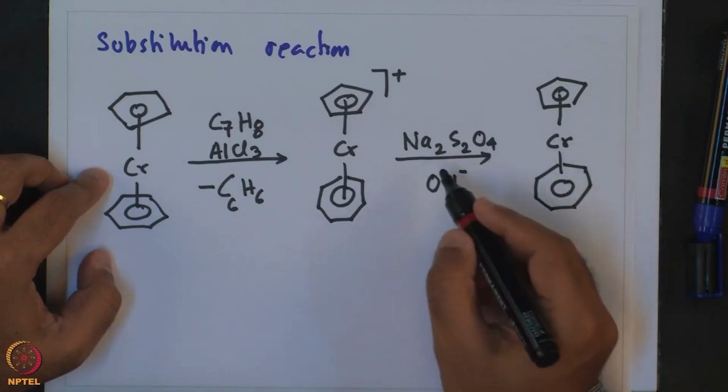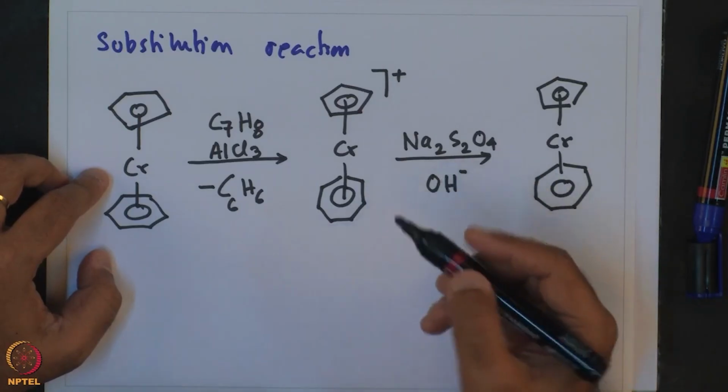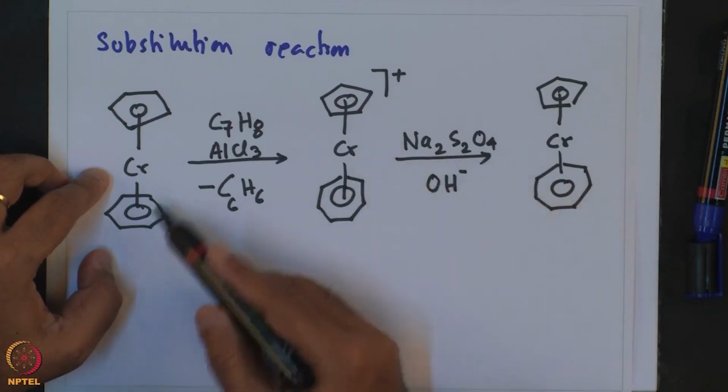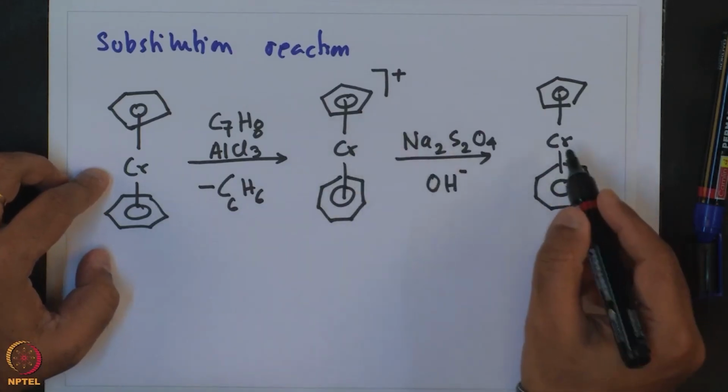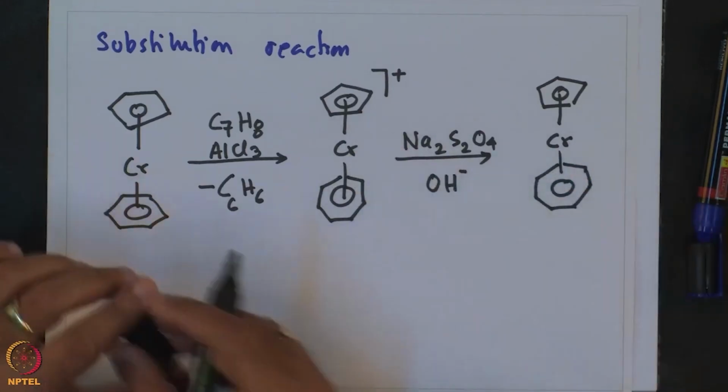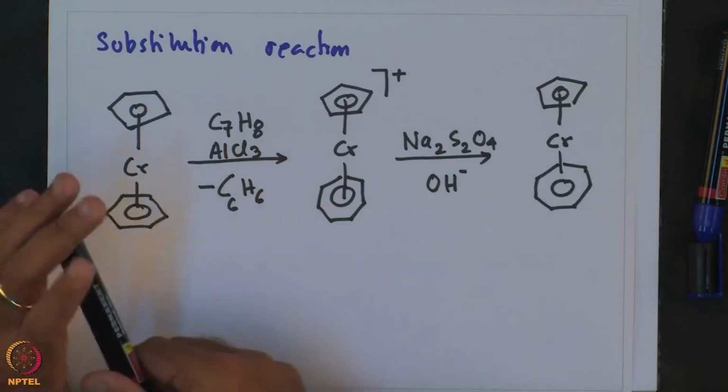So, actually what is happening over here is the reduction of chromium, and chromium(I) over here is observed. So, this is the reaction happening at the metal.